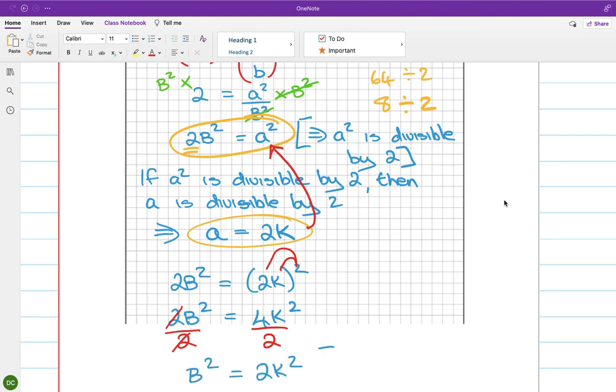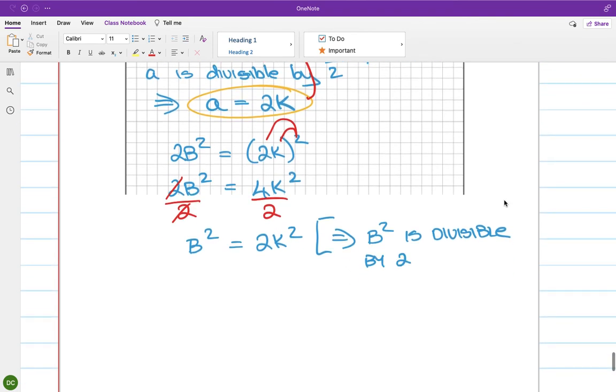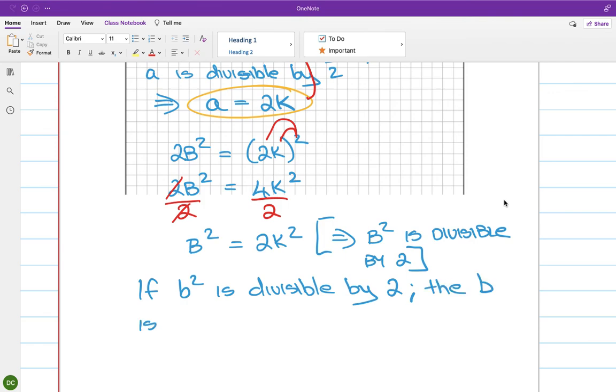Again, this implies that b squared is divisible by 2, and if b squared is divisible by 2, then b is divisible by 2.